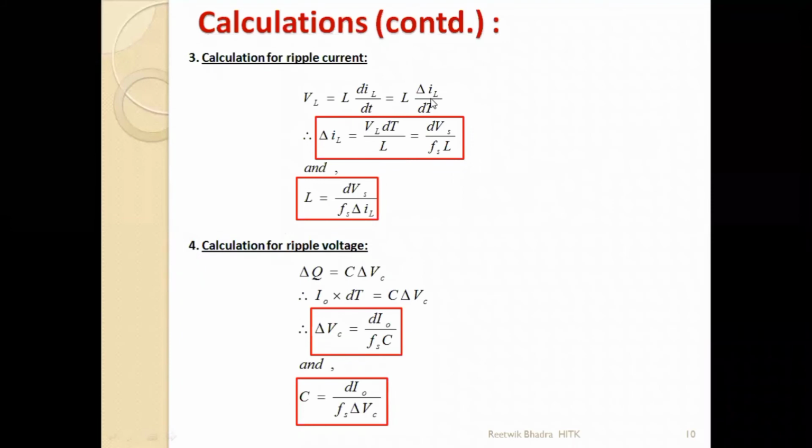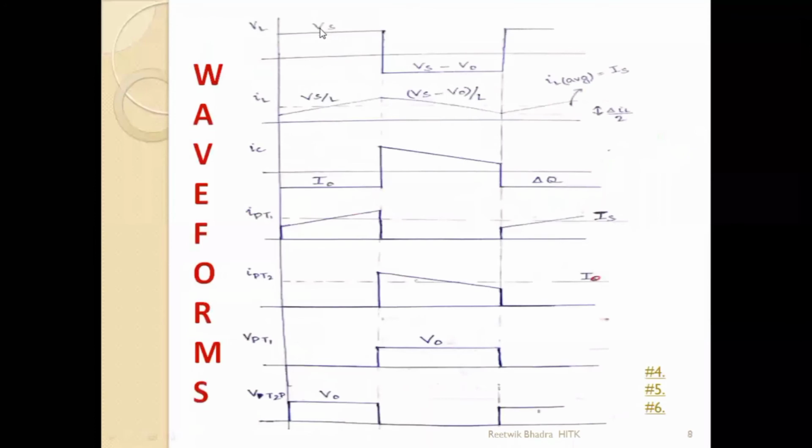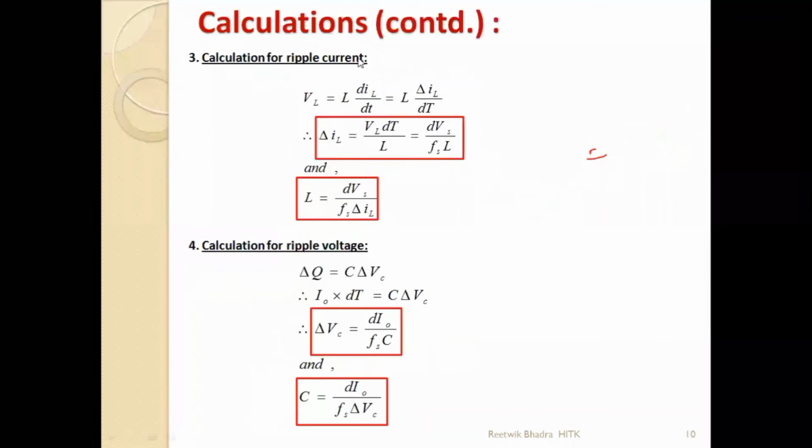So for this del IL, I'll take the dT period. You can take the 1 minus d T period, I told you. But if you are taking the 1 minus d T period, I also told you to take care of your VL sign. Because VL is positive in the dT period, it will be easy for me to calculate. So VL was how much? Recall the figure. VL during this period is Vs. So during this period, VL is replaced by Vs, and T is replaced by 1 by Fs.